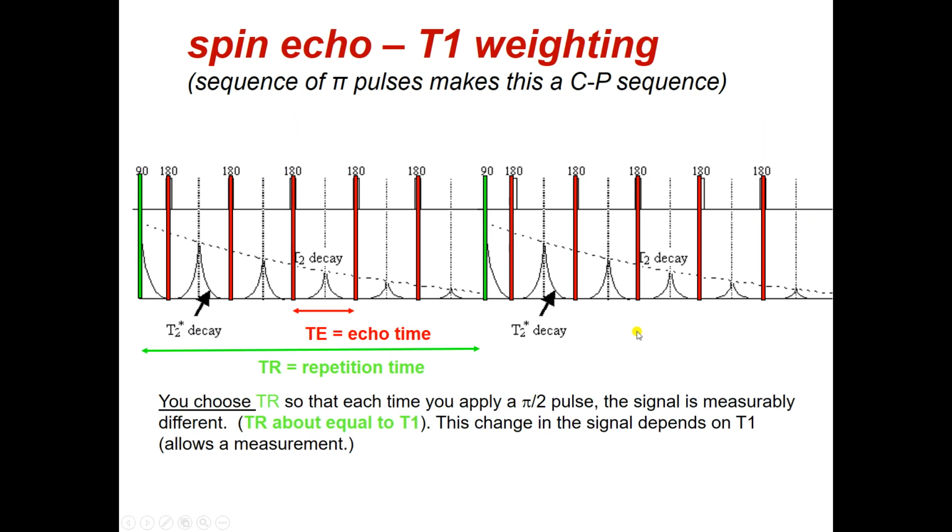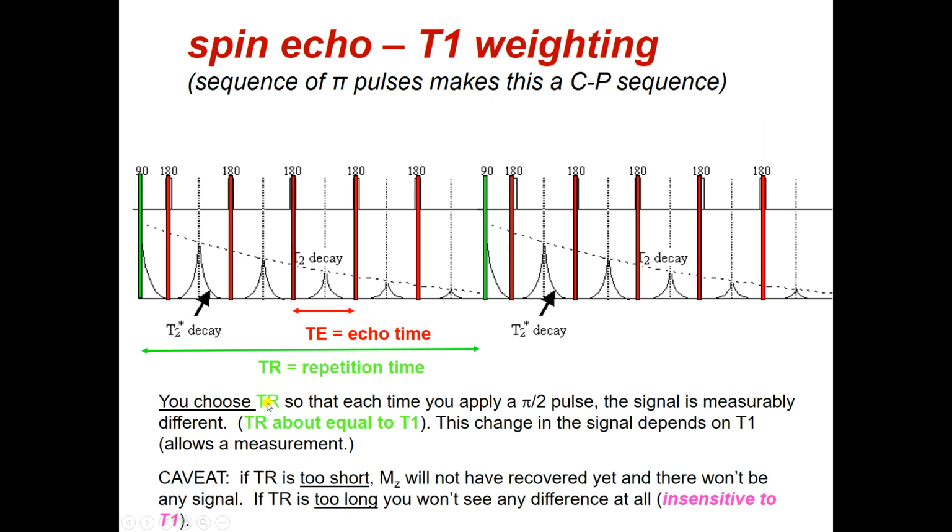In the same way, in this T1 weighting, which I'm showing here, we choose TR now. And you want TR to be about equal to T1, such that when you come in after another time TR, this thing has changed a little bit. But if you wait a very short TR time, then none of the spins have recovered, and you'll get no measurement.